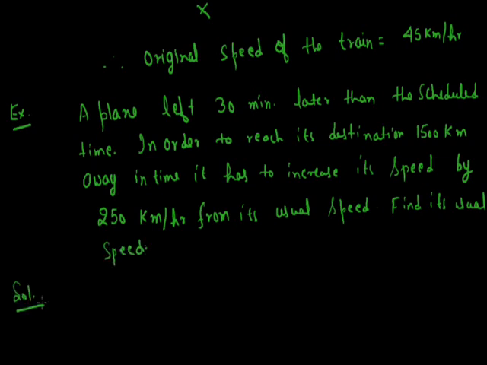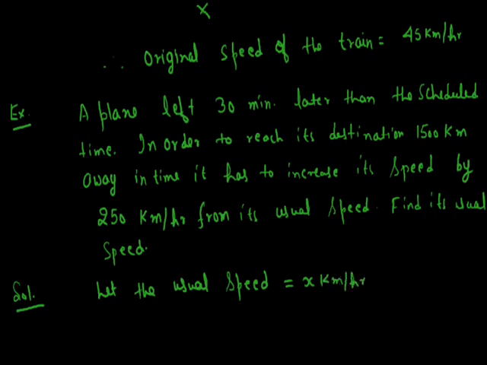Okay, the problem is a plane left 30 minutes later than the scheduled time. In order to reach its destination 1500 km away in time, it has to increase its speed by 250 km per hour from its usual speed. Find its usual speed. So let the usual speed be x kilometer per hour.